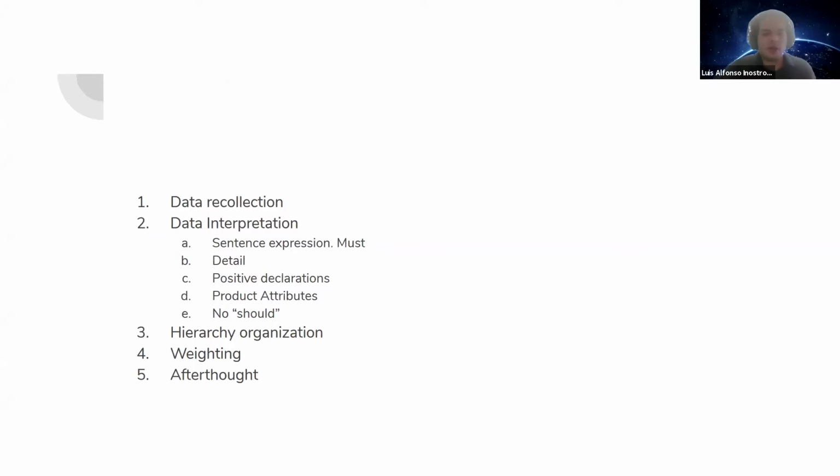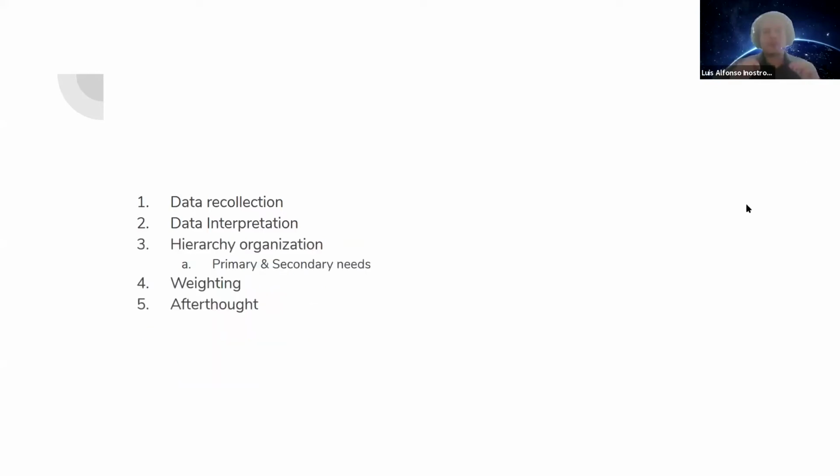Now, all the negative sentences like I don't like this or I hate it when something like this happens must be made positive sentences, and when you have done this, all the sentences recollected must be made into product attributes with no should. The product must always solve the needs of the client.